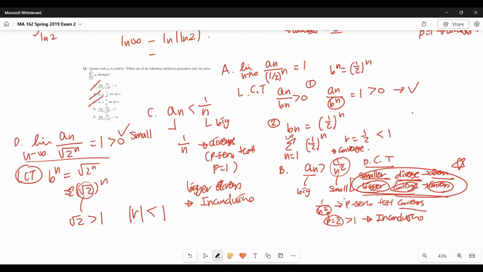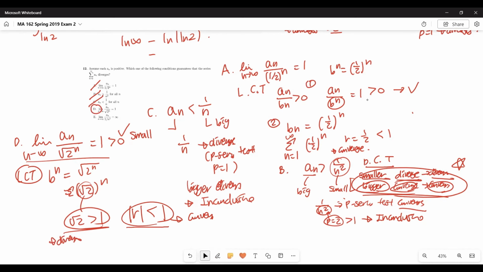If this happens, it is going to be converging. If the absolute value of r is greater than or equal to 1, it's going to be diverging. In this case, square root of 2 is greater than 1, so it's going to be diverging, which is the answer for this.